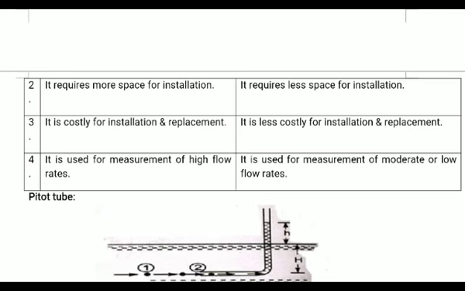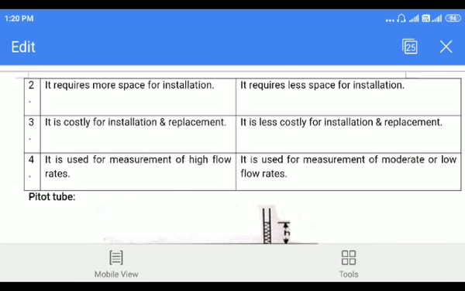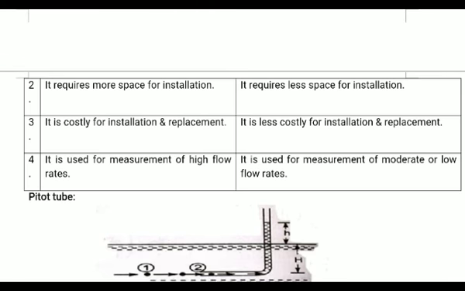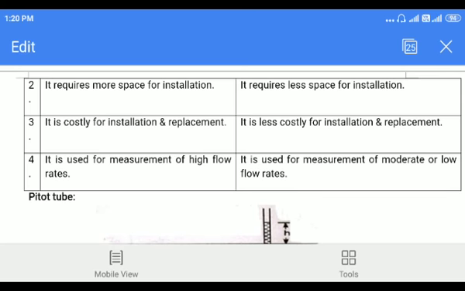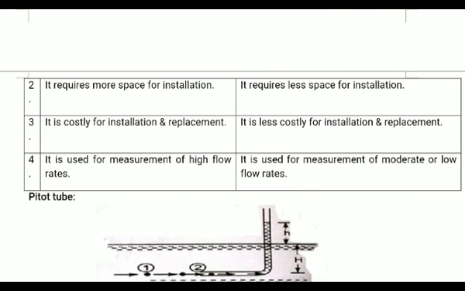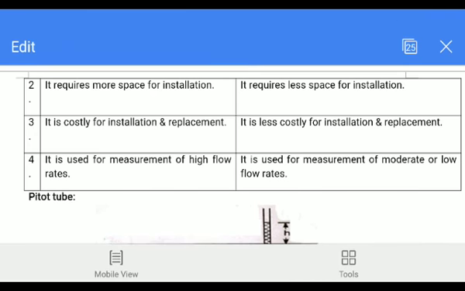Third, the venturimeter is costly for installation and replacement, whereas the orifice meter is less costly. And the venturimeter is used for measurement of high flow rates, whereas the orifice meter is used for measurement of moderate and low rates. This is an important difference you should know between the venturimeter and orifice meter.